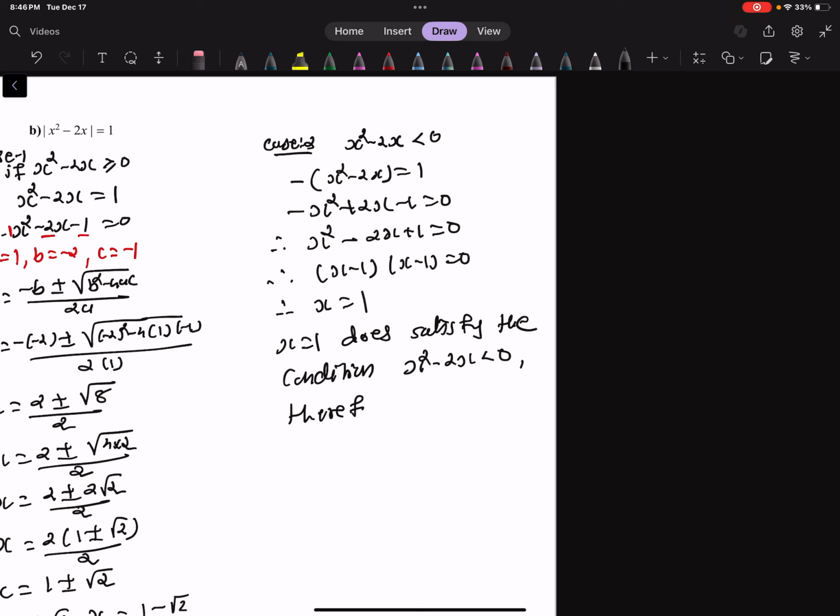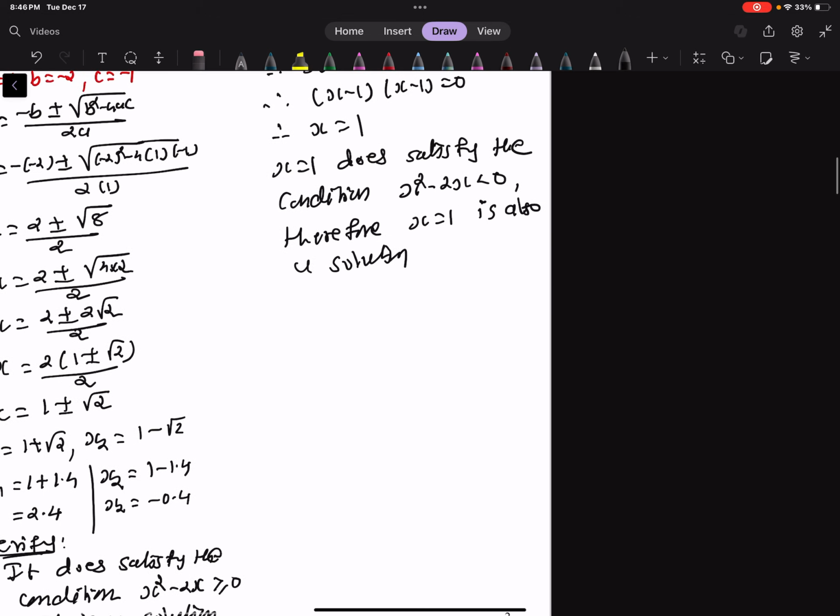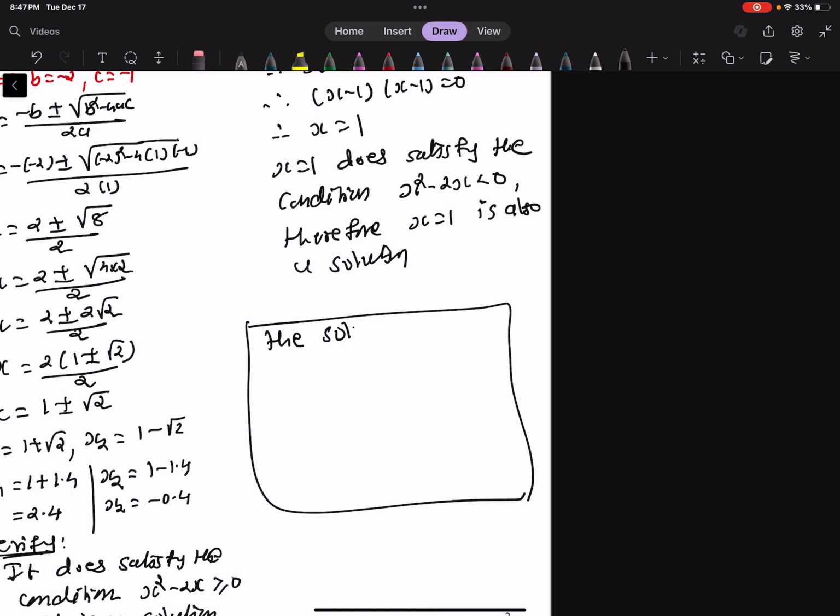Therefore, x equals 1 is also a solution. So finally, we got 3 solutions. Therefore, the solutions are x equals 1 plus or minus root 2 and x equals 1.